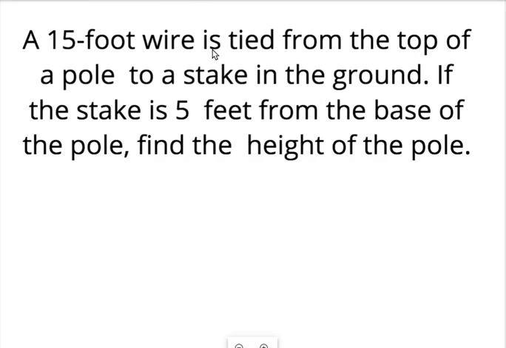A 15-foot wire is tied from the top of a pole to a stake in the ground. Okay, so the wire starts at the top of a pole. So let's draw a pole, like a flagpole. And I have a wire tied to the top. I'll label the pole. Now this 15-foot wire goes from the pole to a stake in the ground.